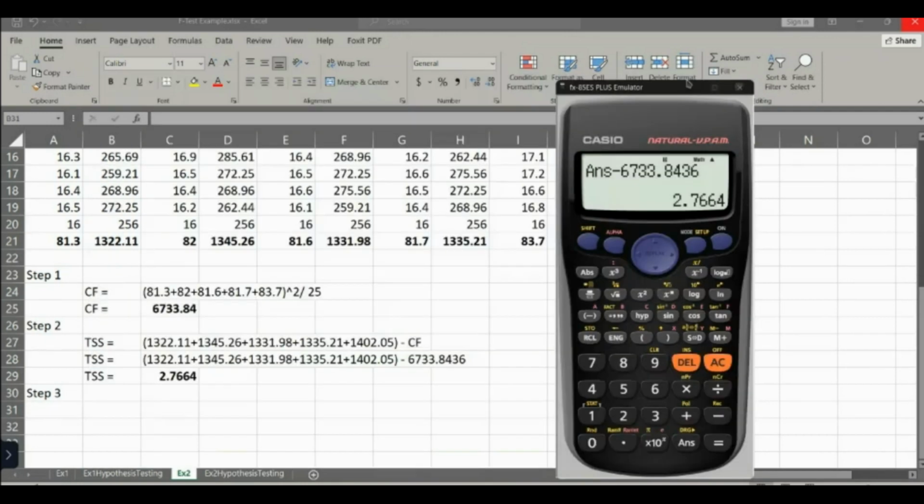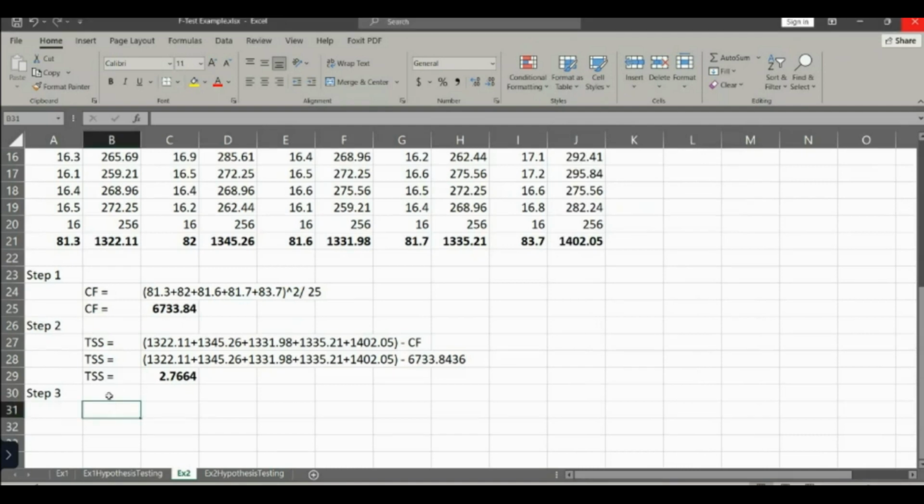Okay, so let's do it. That would be BSS. We'll need to enclose 81.3 squared over 5, the first region, northeast. Plus 82 squared divided by 5 teenagers.